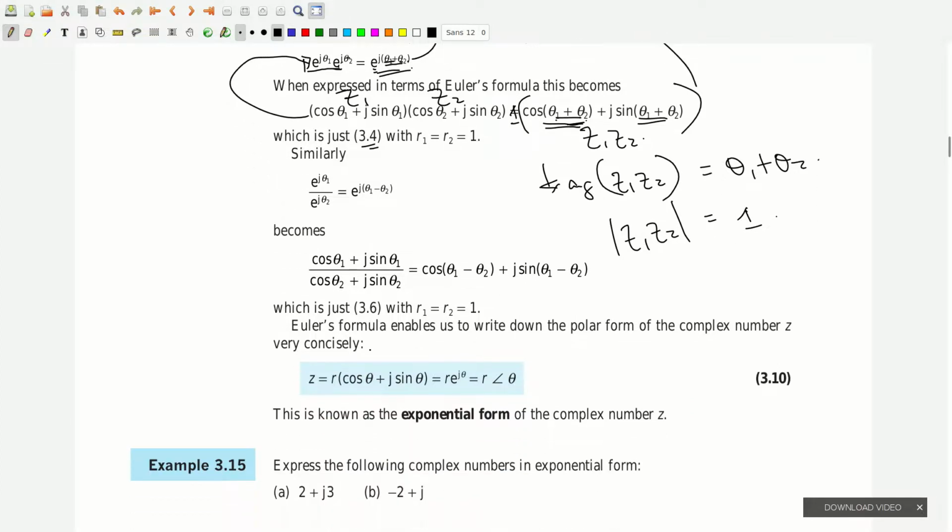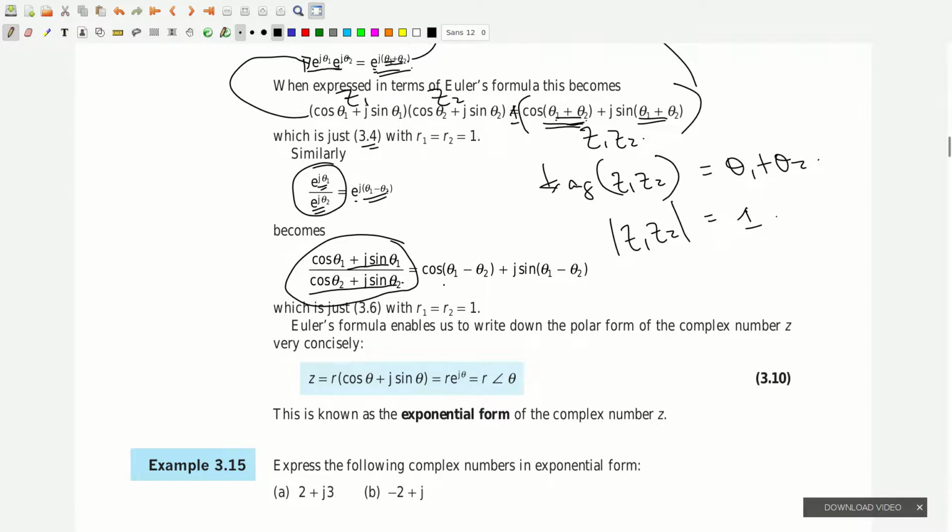And what else? If we are to divide, then we just rewrite this and subtract theta 2 from theta 1. The left hand side is exactly this one, e to the j theta 1 in exponential form, and the denominator is just here.